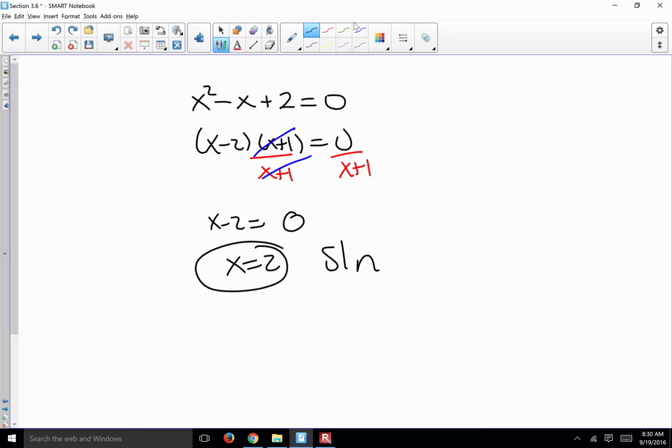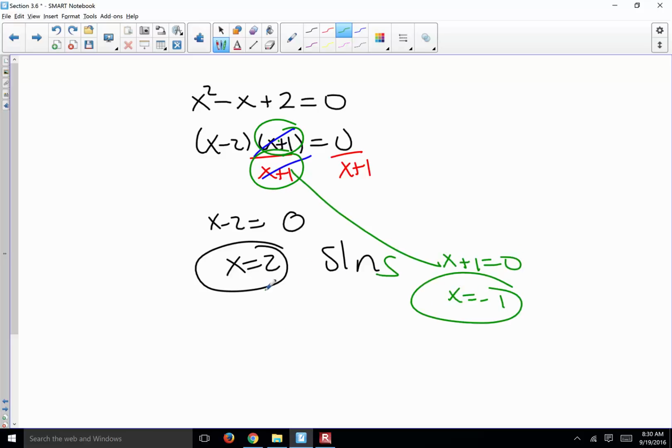No. By dividing both sides with a variable factor, I have lost the other solution, which was x plus 1 equals 0. There are two solutions here. I have lost it because I have divided both sides with a variable expression. So you need to be really careful when you're dividing both sides with variables, because when you do that, you lose some part of the solutions.